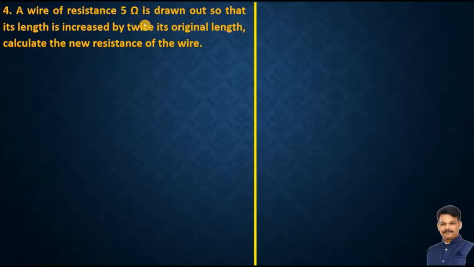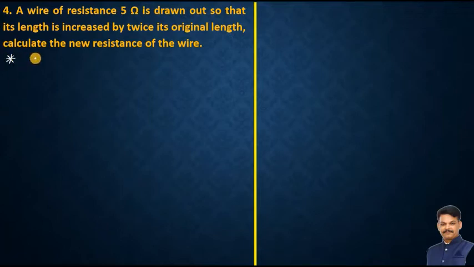Okay, so as these two factors change, as the length increases as well as the area of cross section decreases, there will be a change in the resistance of the wire. So in that particular situation we have to calculate the new resistance of the wire, right? For this we need some basic information.